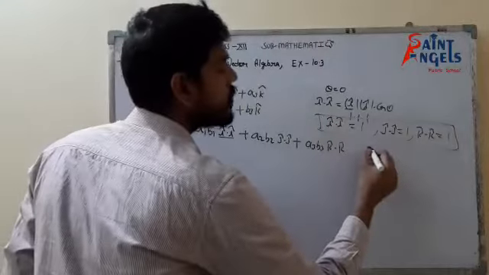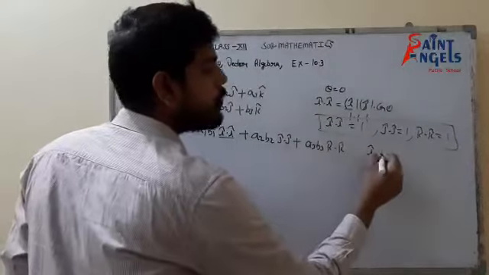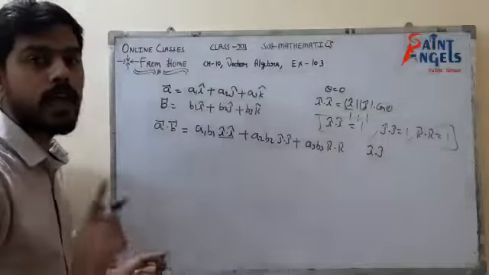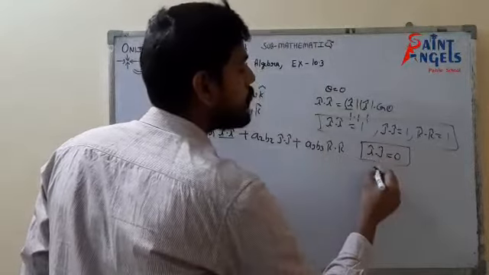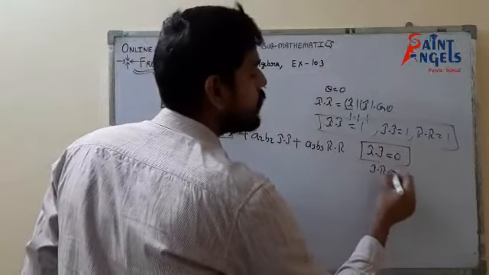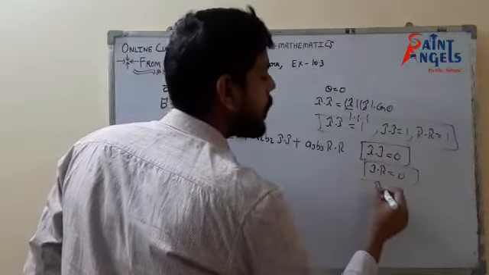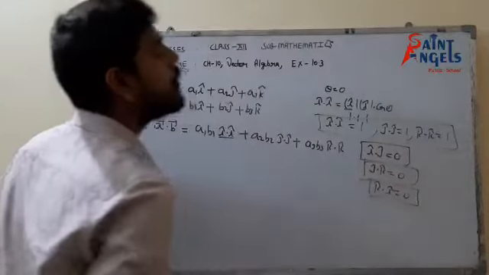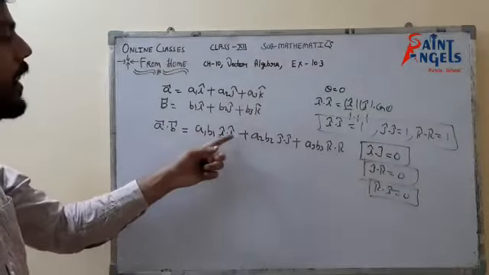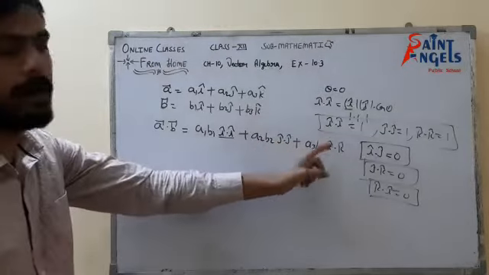And if I take the dot product of i cap and j cap, they are mutually perpendicular, so the angle would be 90 and their dot product would be 0. i dot j equals 0, j dot k equals 0, k cap dot i cap equals 0. So i dot i, j dot j, k dot k would be 1.